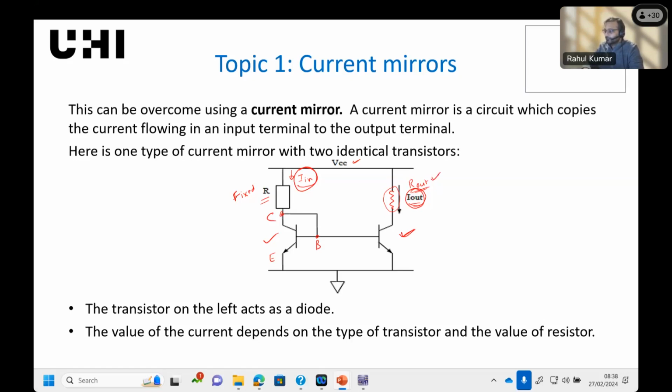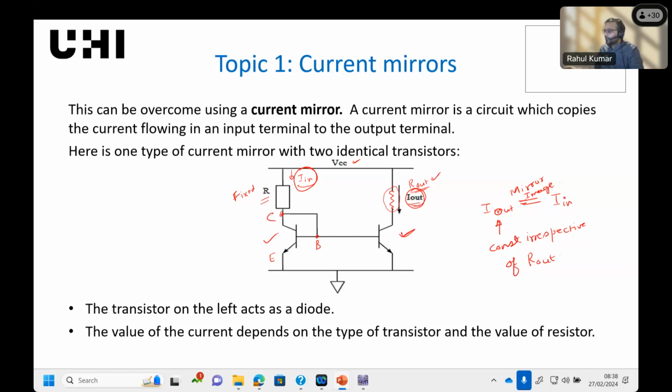Okay. So in brief, I can say I out will be the mirror image of your input, and I out will be constant irrespective of R out, the output resistance.